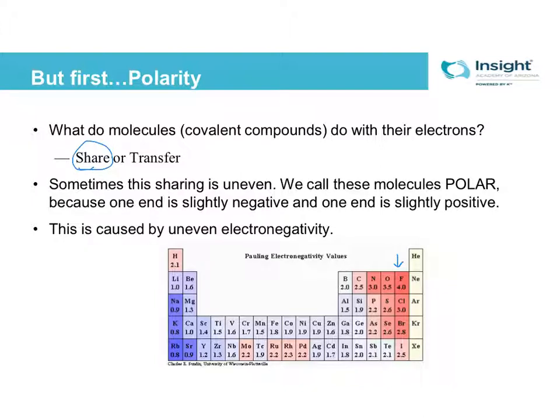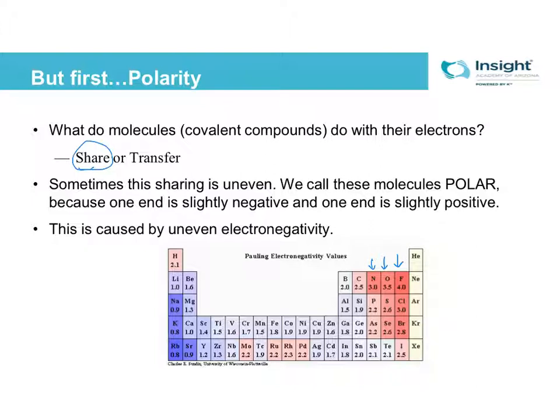Oxygen is the next biggest one. Nitrogen's in there too. But you can see these in the top right corner of the periodic table. Those guys are the heavy, non-sharing, most likely to cause a polar bond.